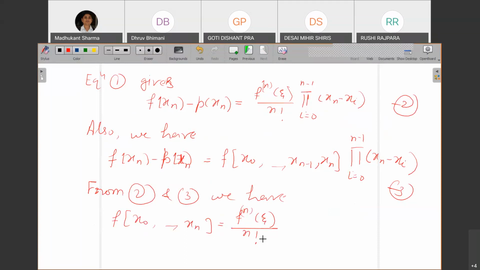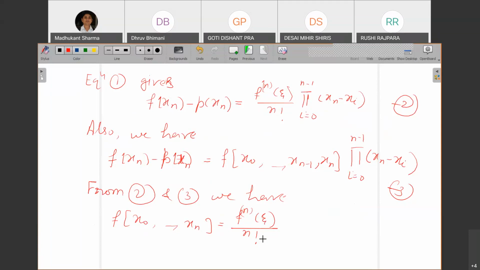Okay, so now we are going to move on to defining Newton's forward interpolation and backward interpolation formulas. We are going to see a simpler form of Newton's interpolating polynomial.